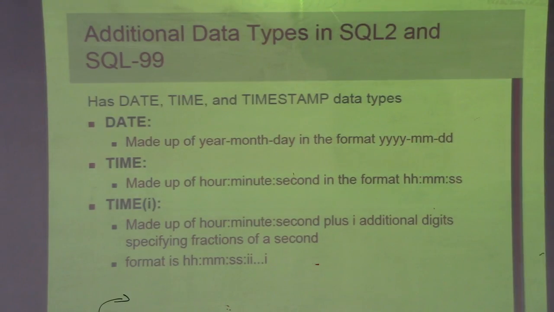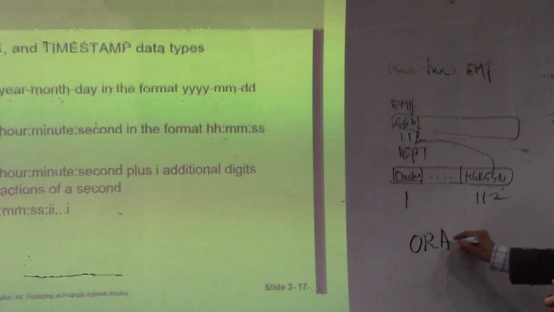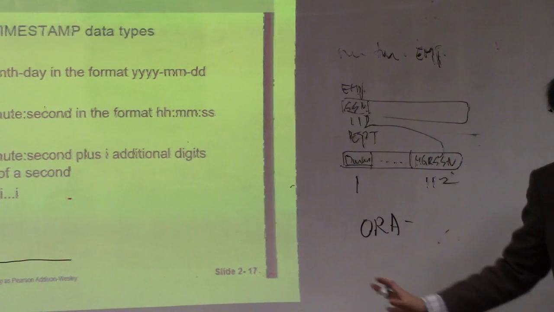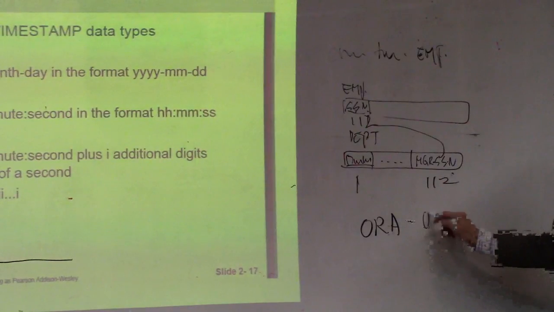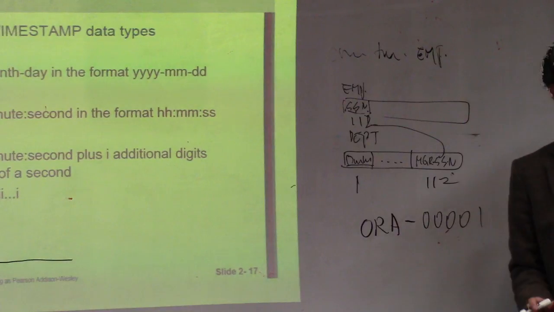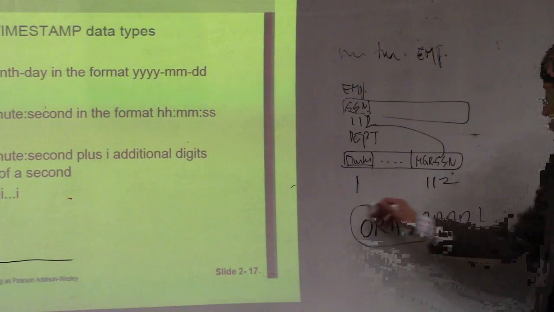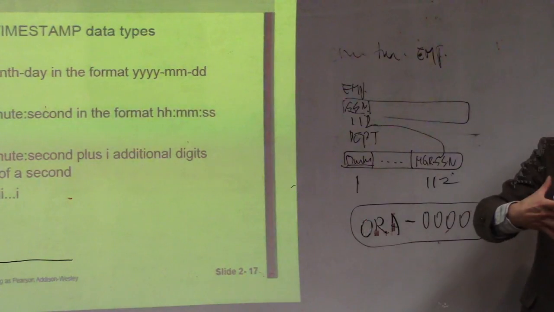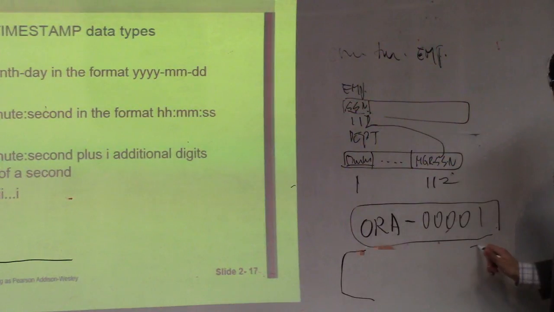For example, whenever you have an error, ORA in case of Oracle database, but each DBMS has a different naming group. For example, 00001 is the duplicate error or something like that. Whenever you see this, copy, paste, Google, and you will see all the details of the message.